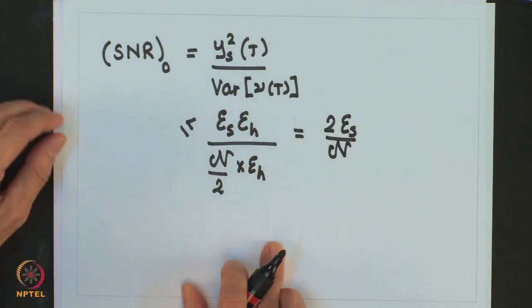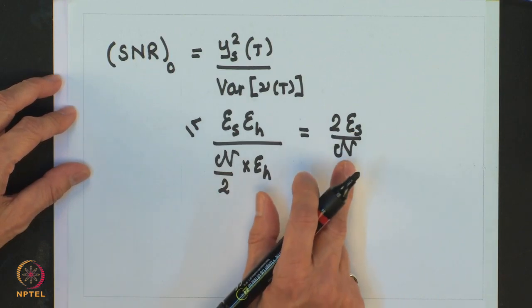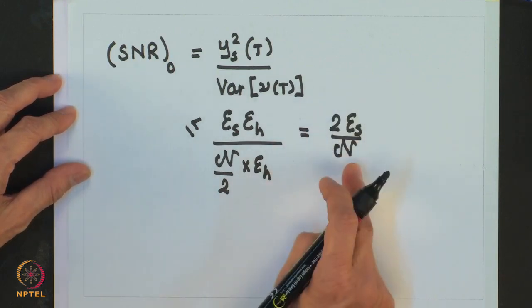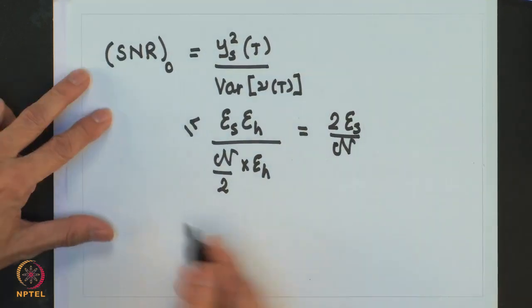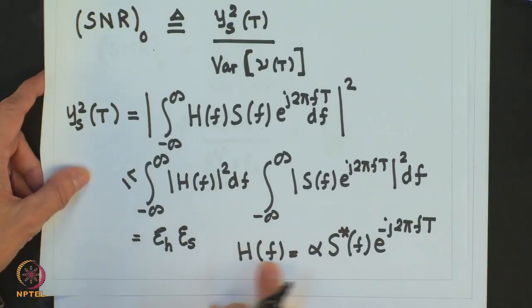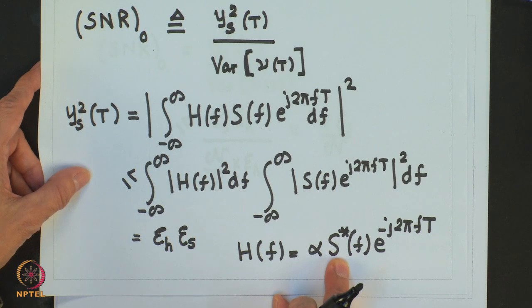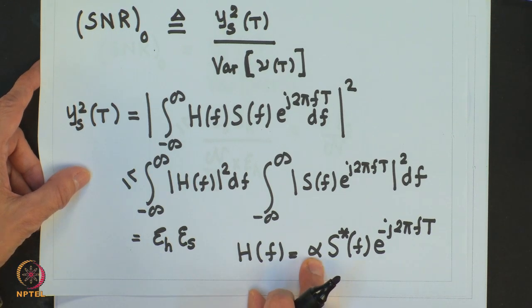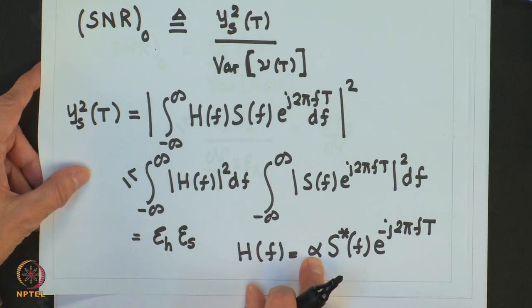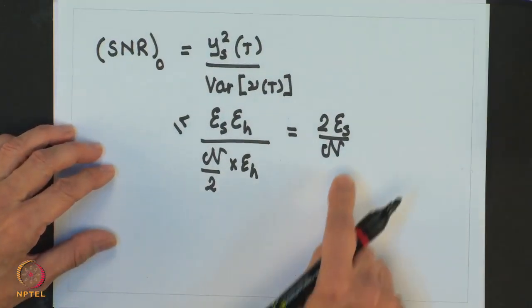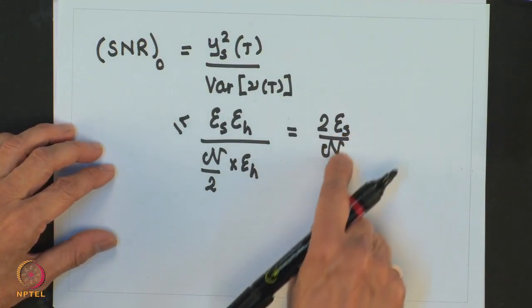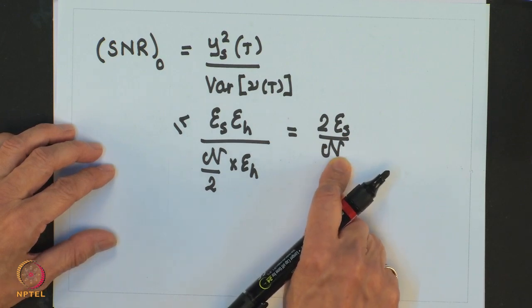So, this shows that the filter H(f) that maximizes the signal to noise ratio at the output must satisfy the relationship H(f) equal to this, correct. So, we could choose alpha equal to 1, and the maximum value which we can get is 2 Es by N.